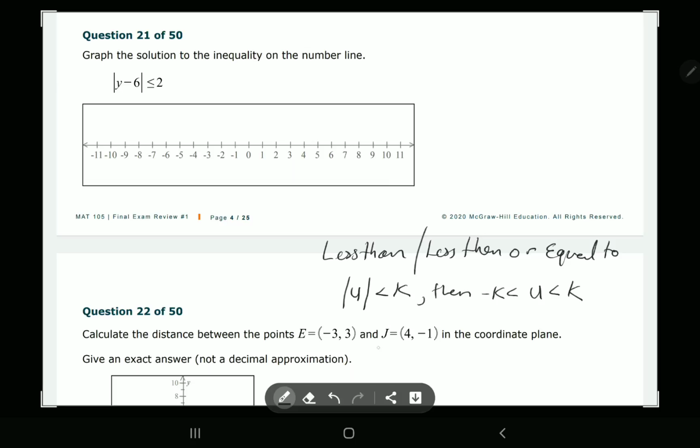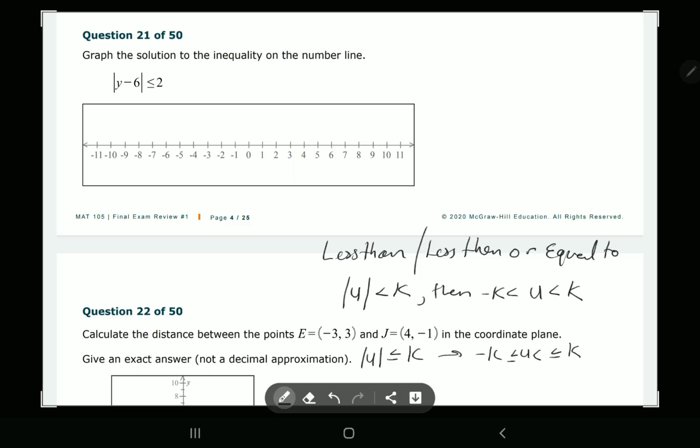And the same thing applies if we have less than or equal to, such that k is a positive real number. We'll transform that to a compound inequality, but u will be between negative k and positive k, which can also include the values of negative k and positive k.